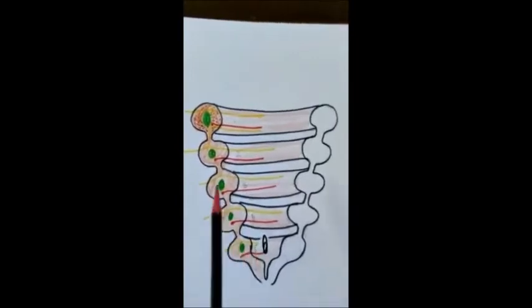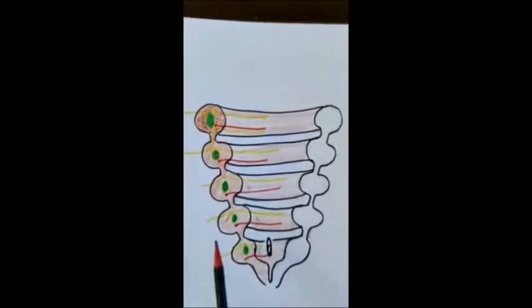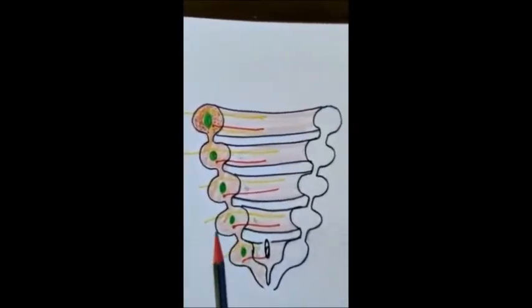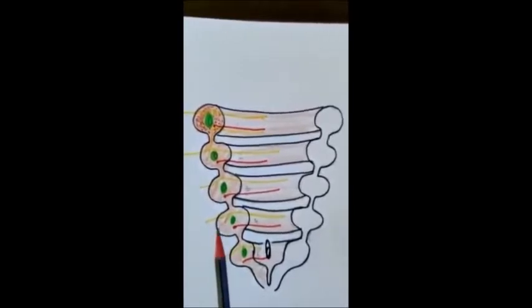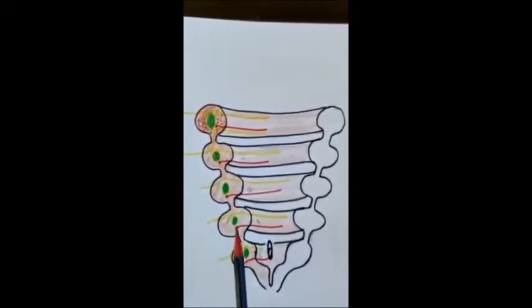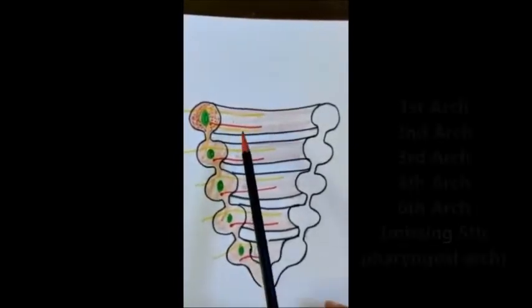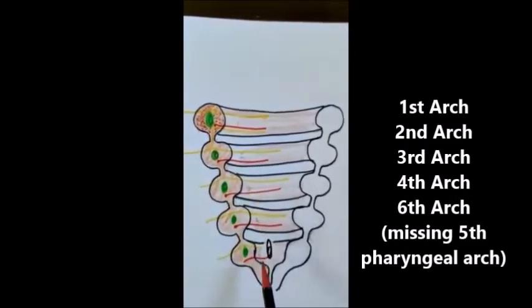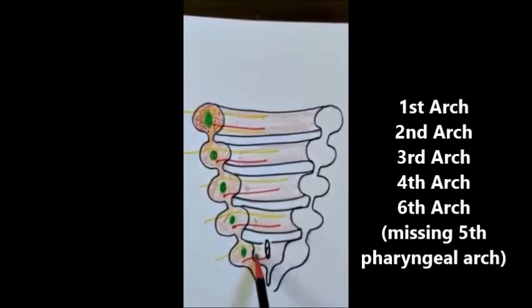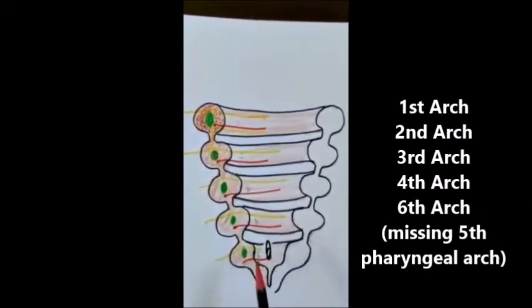As I told you earlier, to begin with there were 6 pharyngeal arches, but during formation the fifth one disappears, and we are left with 5 pharyngeal arches, and we number them as first, second, third, fourth, and the 6th pharyngeal arch. So we can see the missing 5th pharyngeal arch.